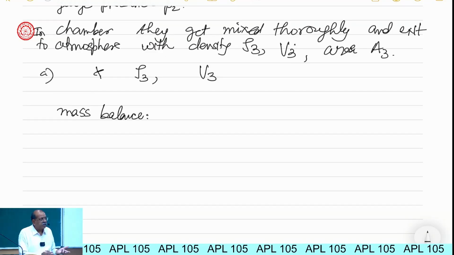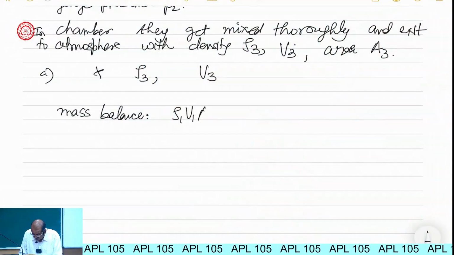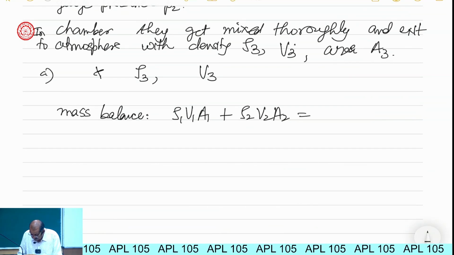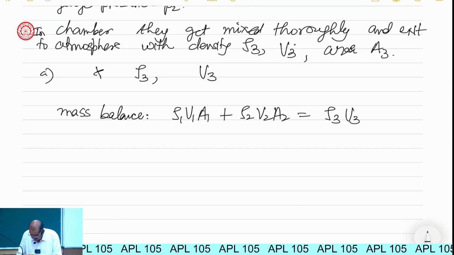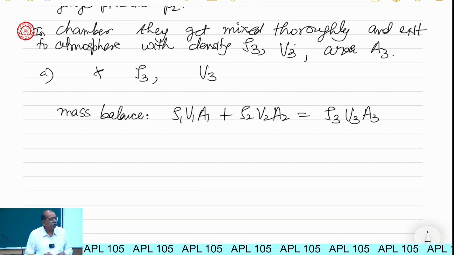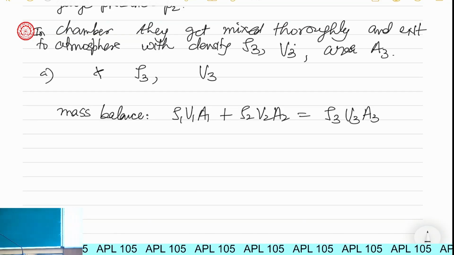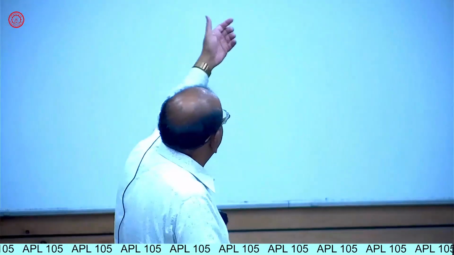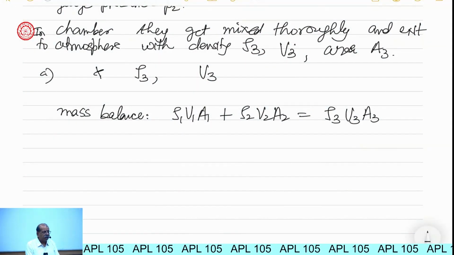Most of you applied the mass balance, and mass balance gave us rho 1 V1 A1 plus rho 2 V2 A2 is equal to rho 3 V3 A3. But this was only half the story, because this will only give you rho 3 times V3. It will not give you rho 3 and V3 separately.